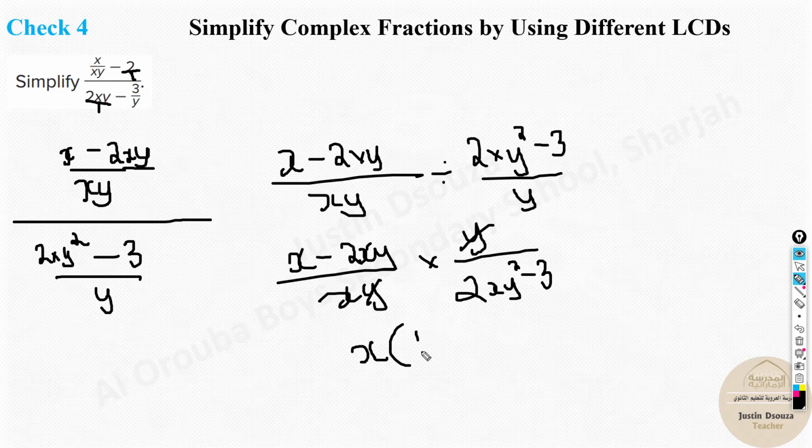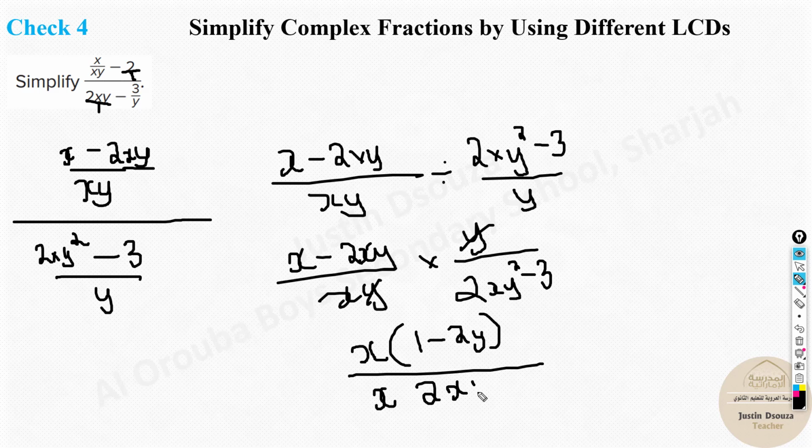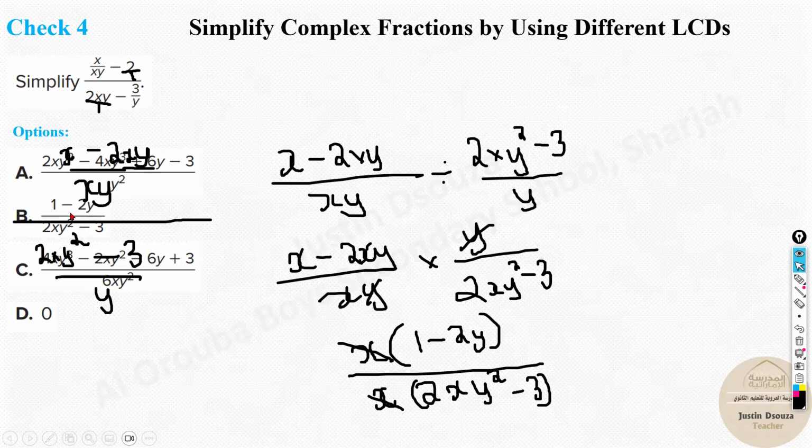X can be common out, 1 minus 2y is remaining, divided by, see now this x will cancel, so I'll write x separately, and then we are left with 2xy squared minus 3. Now this cancels, so this is the answer: 1 minus 2y divided by 2xy squared minus 3. The options are there. As you can see, it's 1 minus 2y divided by 2xy squared minus 3. Option B is the correct answer.